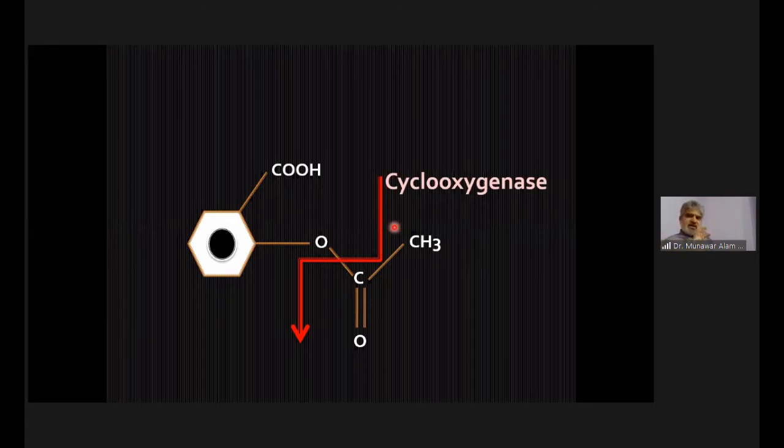Now this cyclooxygenase enzyme is acetylated. Acetylated का मतलब ये है कि its chemistry has been changed. It's now no more the cyclooxygenase enzyme, but an acetylated cyclooxygenase enzyme. So it could not act on the arachidonic acid. There will be no attraction between the cyclooxygenase enzyme and the arachidonic acid. In this way, it blocks or inhibits the synthesis of the prostaglandins.